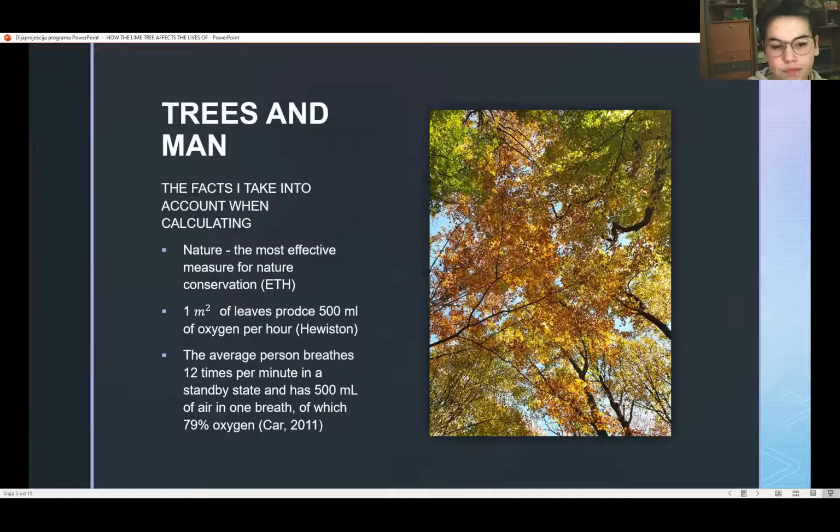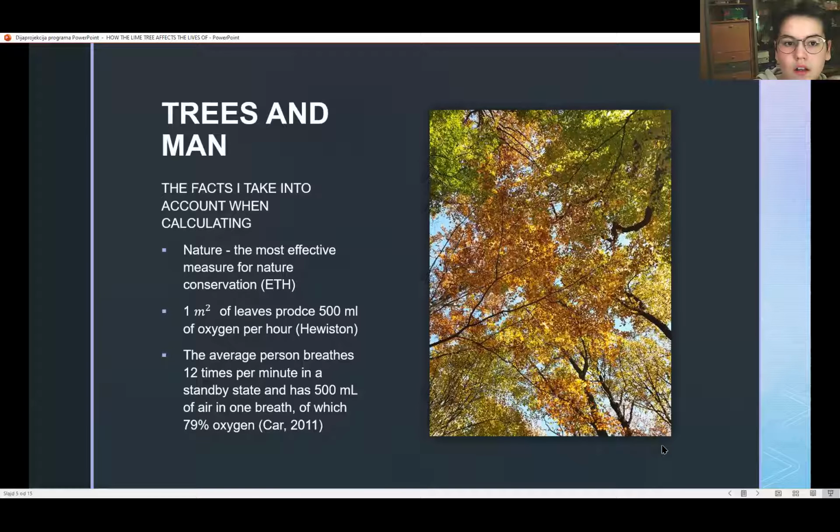By the actual math, scientist Houston once said that 1 square meter of leaves produces 500 milliliters of oxygen per hour, and one Croatian scientist, Tsar, said the average person breathes 12 times per minute in a standby state, and that breath has 500 milliliters, of which 79% is oxygen.